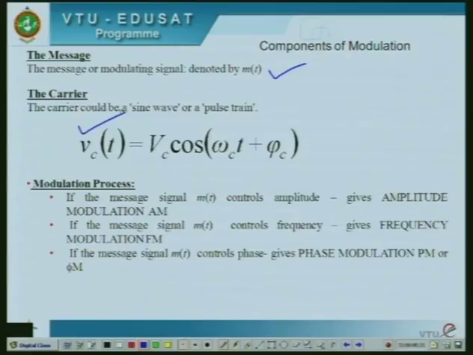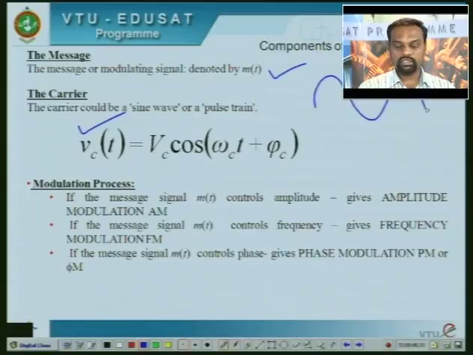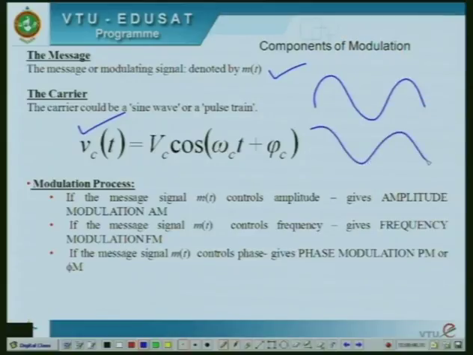Now, this carrier signal is defined mathematically as Vc cos of omega c t plus phi c. So we are representing the carrier signal in terms of cos. Cos is a 90 degree phase shifted sine, so we are using these sinusoidal signals as the carrier signal.